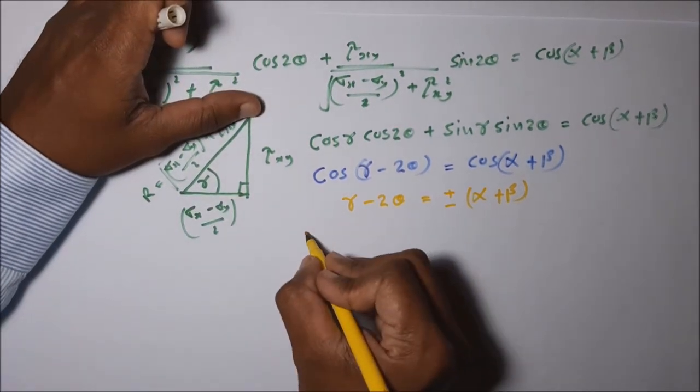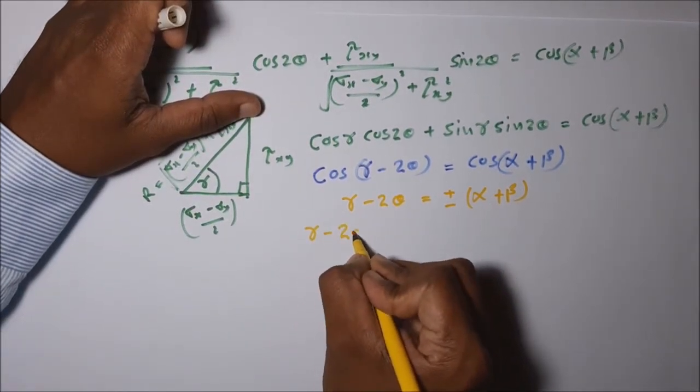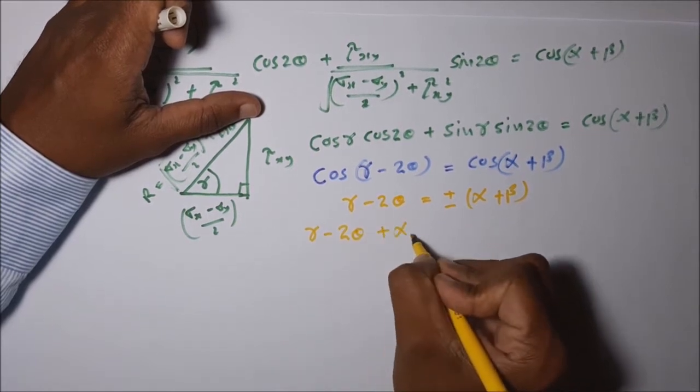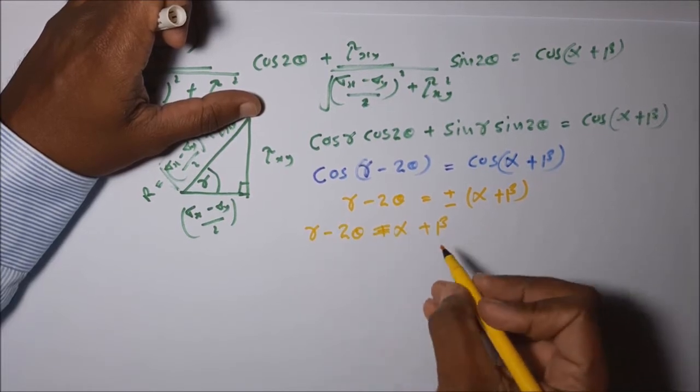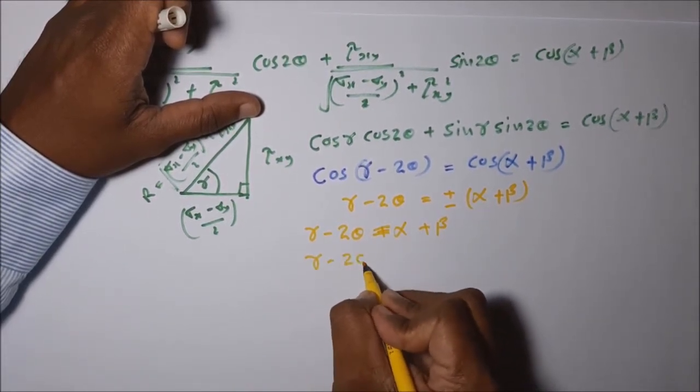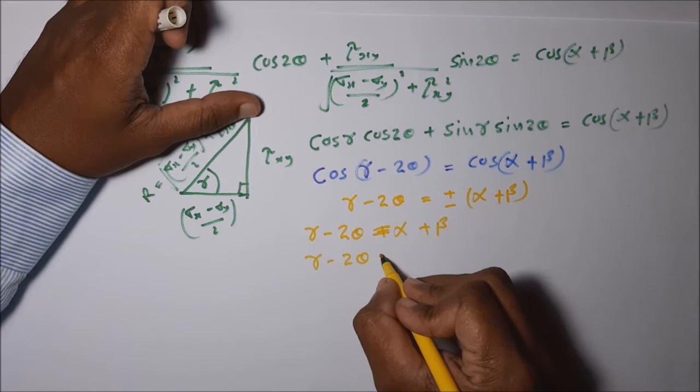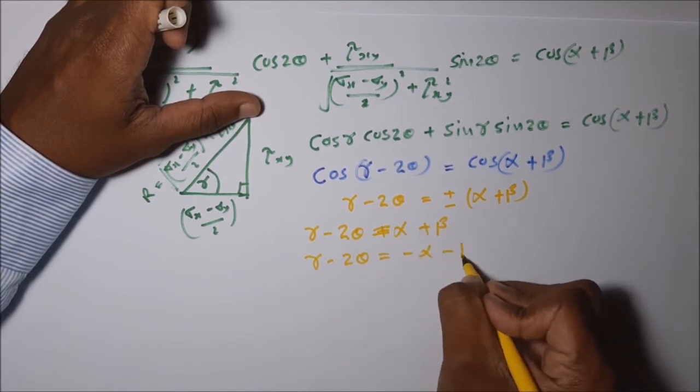Gamma minus 2 theta equals alpha plus beta, or gamma minus 2 theta is equal to minus alpha minus beta.